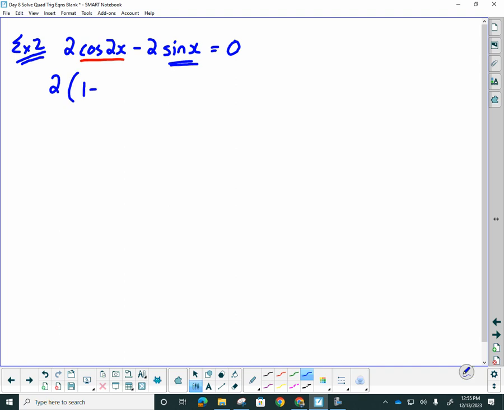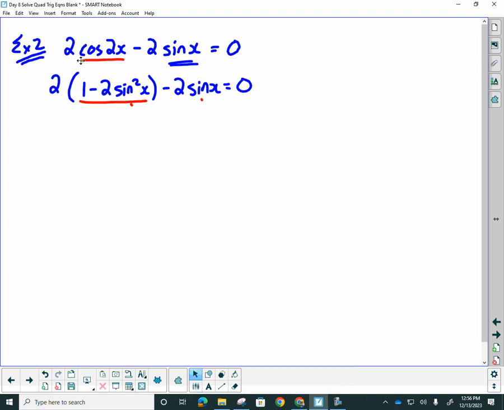So 1 minus 2 sin squared x. I could have used the cos squared one, or the cos squared minus sin squared one, but you see how that would get me further away from something that's usable? Whereas with this one, I replaced cos 2x with this version because now I've got a sine and a sine, and it's starting to look like a quadratic trig equation.